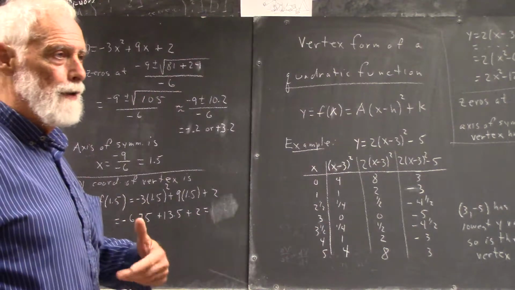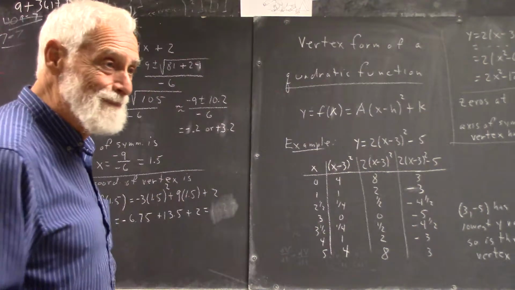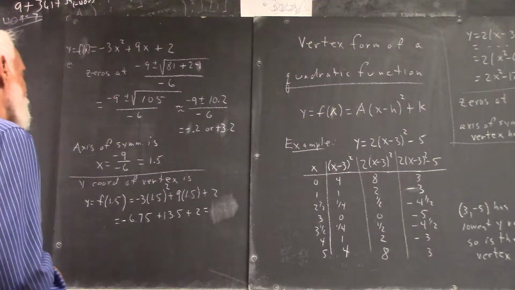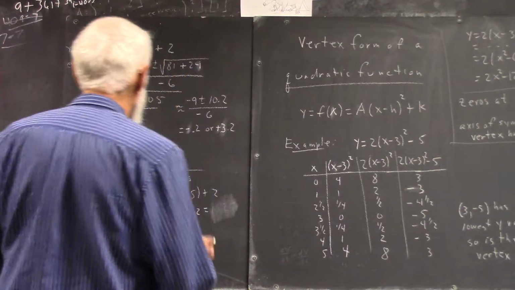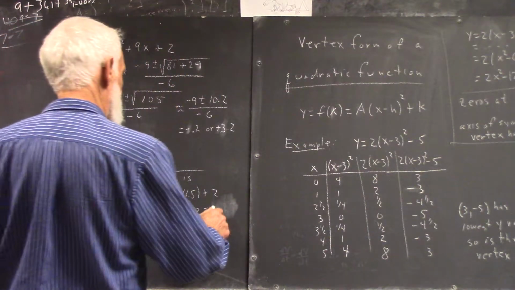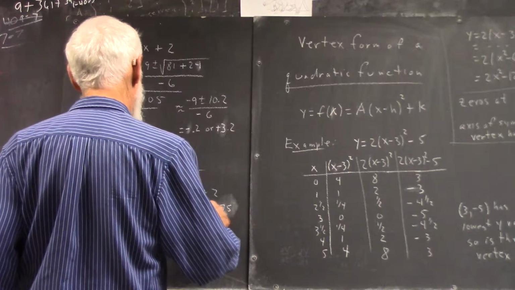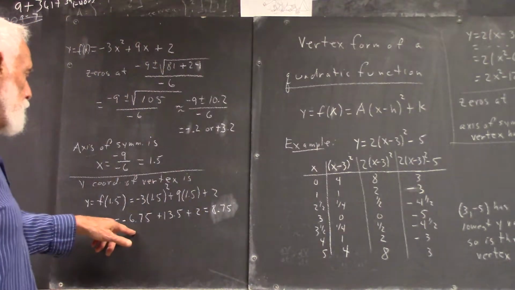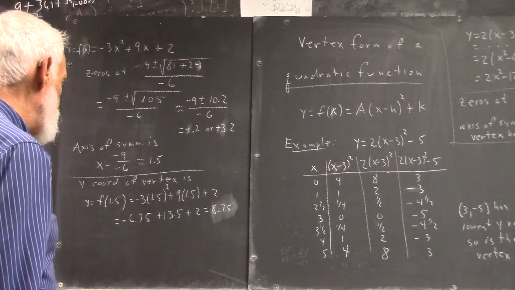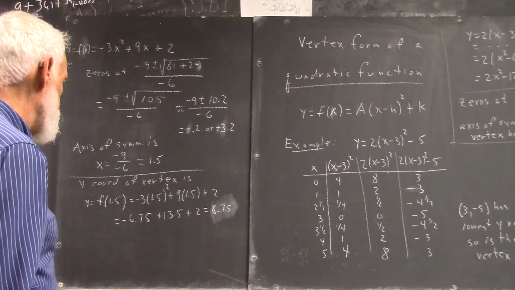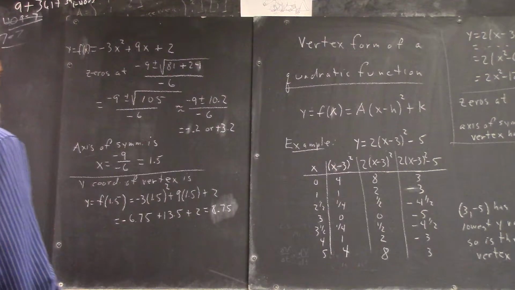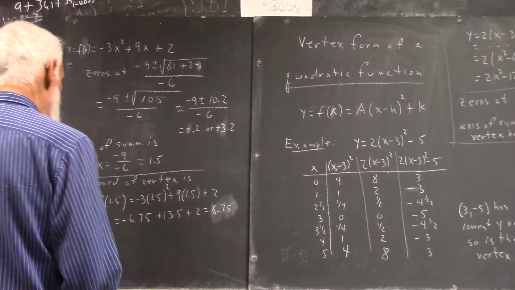Just pretending to make these mistakes so you know to check yourself. Okay? It's negative 0.75, so it's a negative 0.25, so it's going to be 8.75, and that would be 15.5 minus 6.75. Okay, so there we have it.